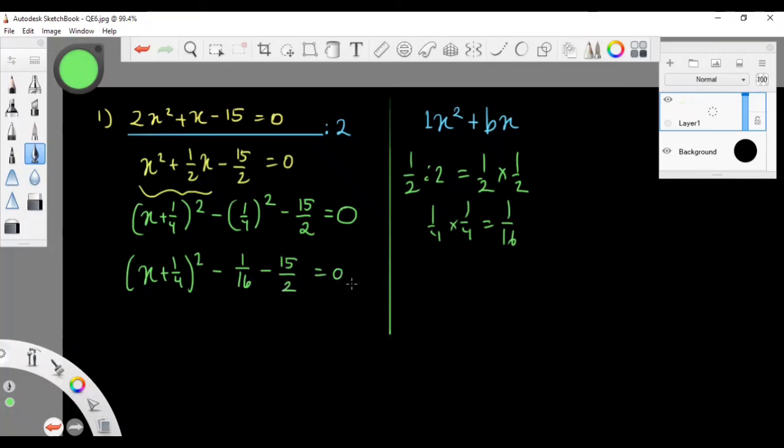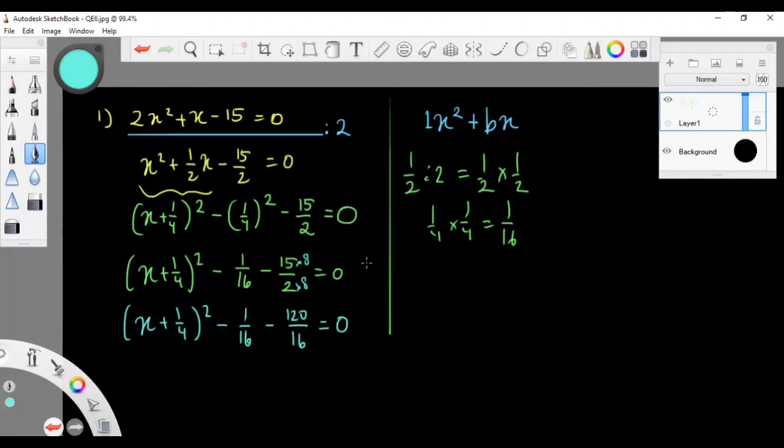Another problem is that you cannot subtract numbers that have different denominators. So you have to make the denominators equal by multiplying the 2 by 8, so 16 and 16. So let it be x plus 1/4 bracket squared, subtract 1/16, subtract 120/16, equals 0.